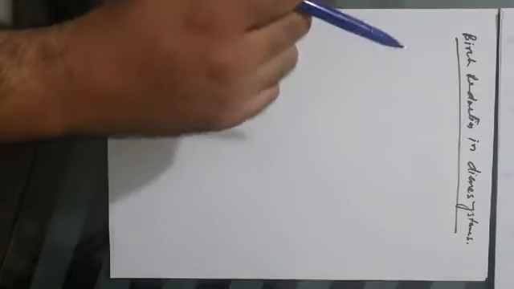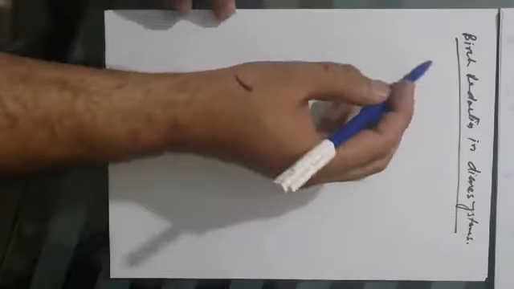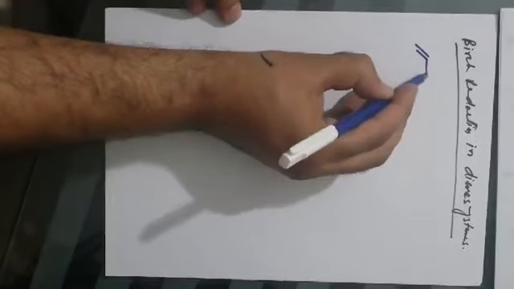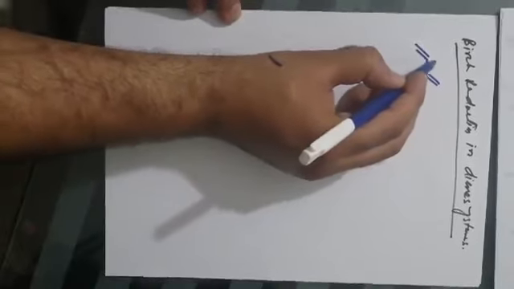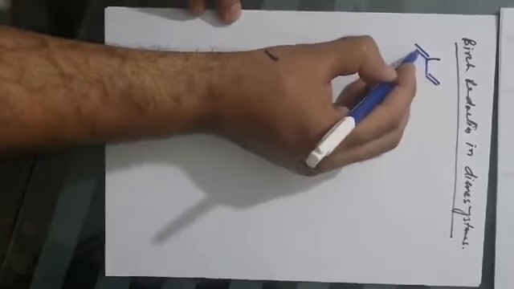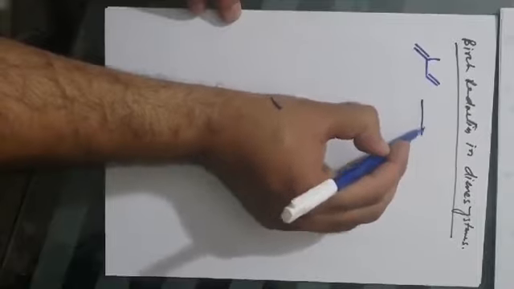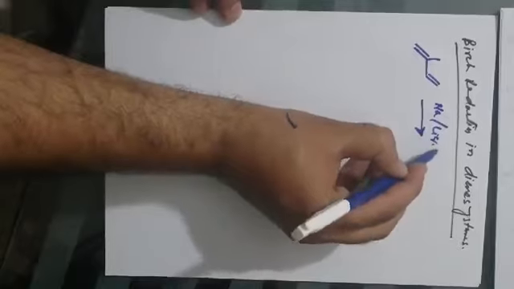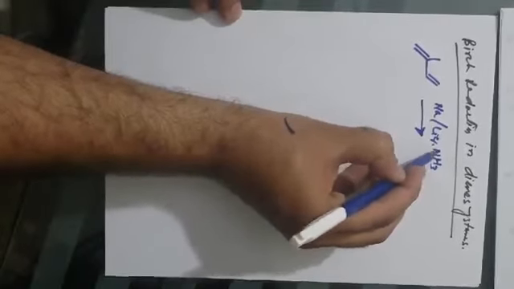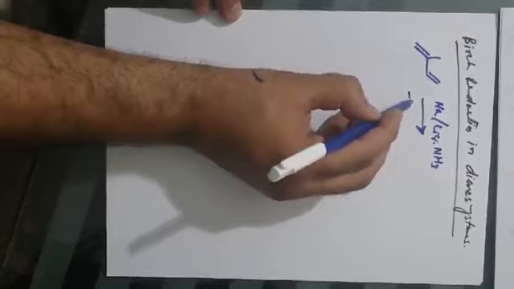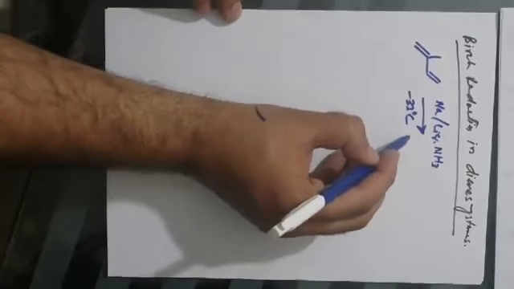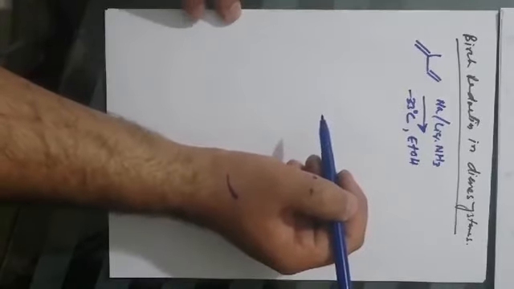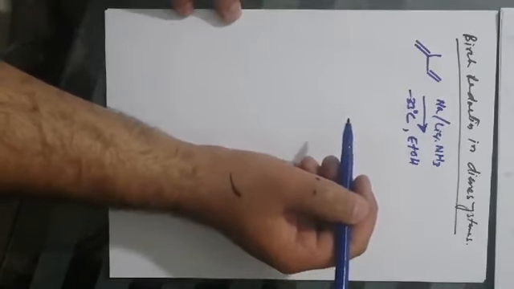Now we'll study the Birch reduction in diene system. Sodium in liquid ammonia at minus 33 or even below degrees Celsius temperature in the presence of polar protic solvents such as ethanol.